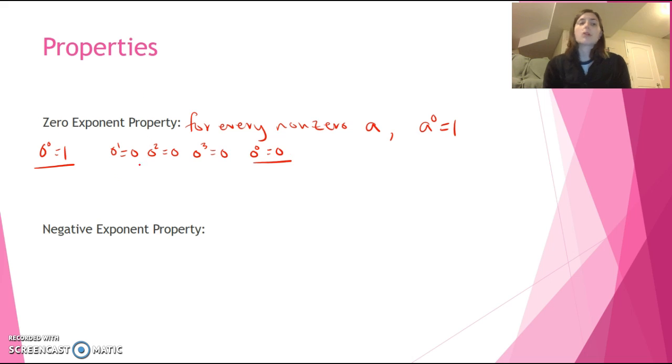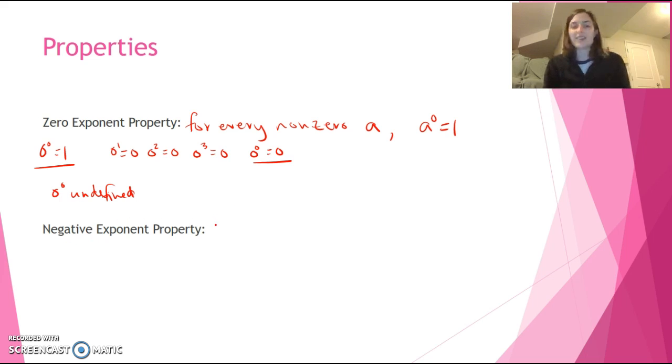Technically impossible. So 0 to the 0 power is undefined. Which is why all of these say for every non-zero A. So we're talking about any number that's not 0. But for those of you who want to ask, but what if? What is 0 to the 0 power? Beating you to the punch.